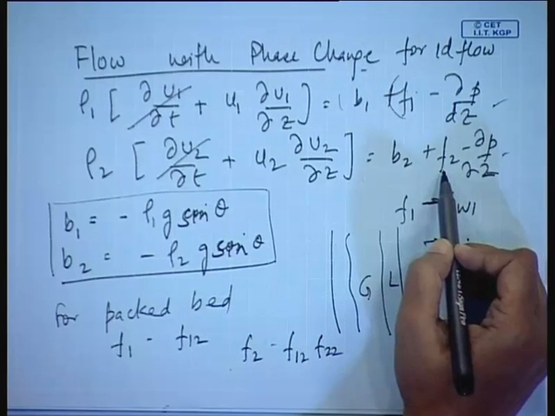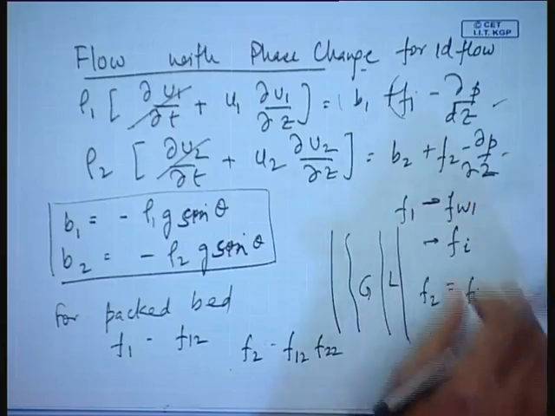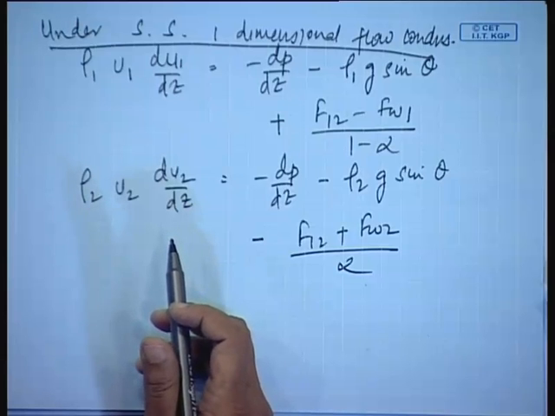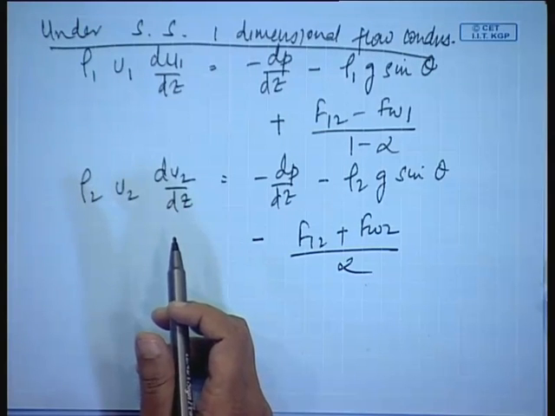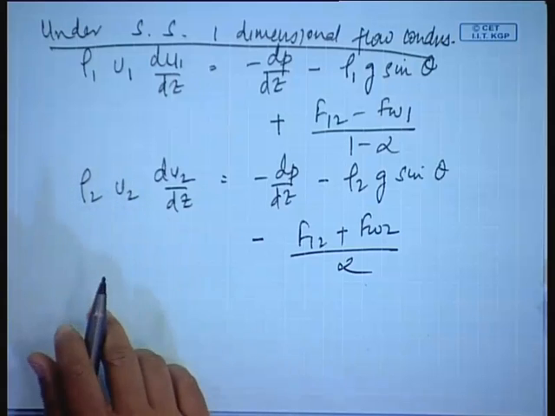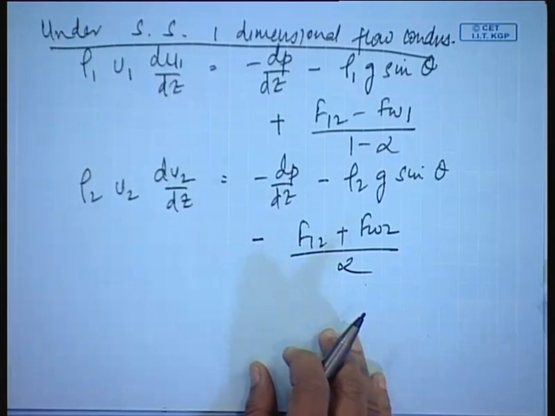Somehow we have to incorporate it within F1 and F2. Okay. Now, tell me, when change of phase occurs, then under that condition what happens? There is some portion, you do not know what portion, which changes from the velocity of one phase to the velocity of the other phase.